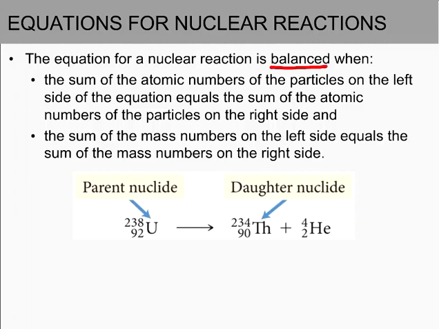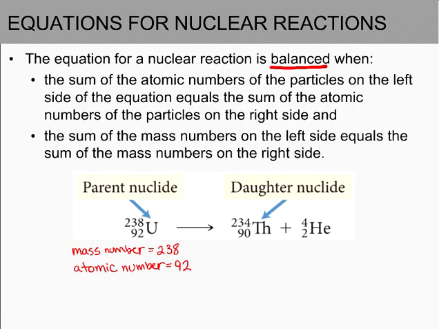So let's look at an example nuclear reaction down below. So we have uranium, and it has a mass number of 238. So let's write that down. And then its atomic number, or number of protons, is 92. So uranium is number 92 on the periodic table.